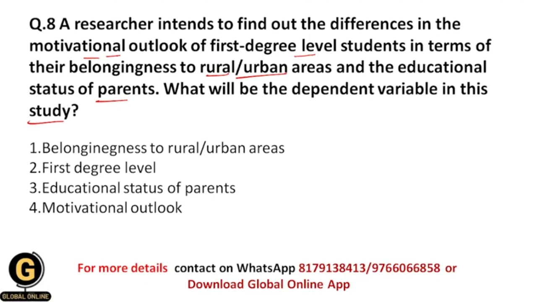That's why your correct answer should be 4, that is motivational outcome or motivational outlook, because the dependent variable is the effect variable and depends upon the independent variables. Whenever we change the values of the independent variables, the values of the dependent variable will automatically change. That's why your correct answer should be 4, that is motivational outlook.